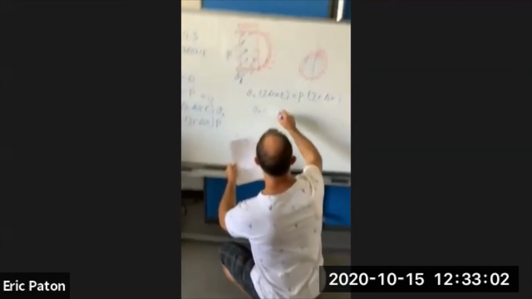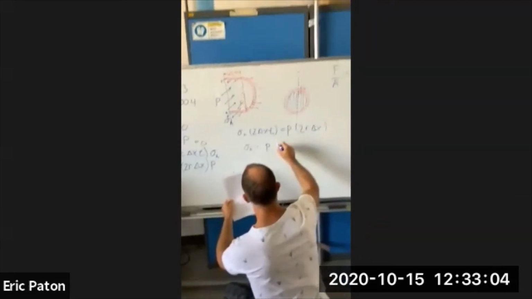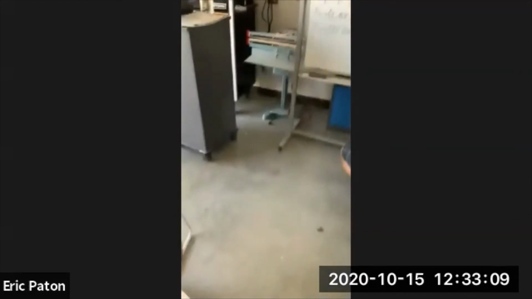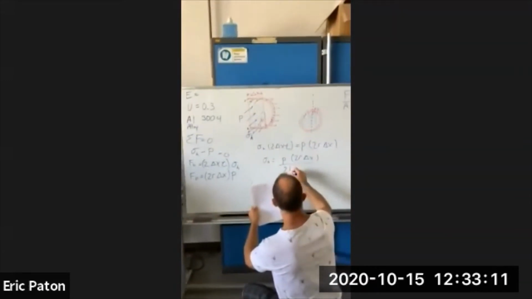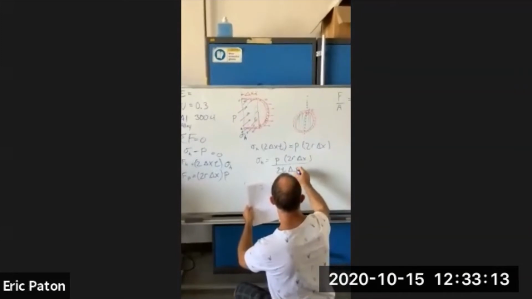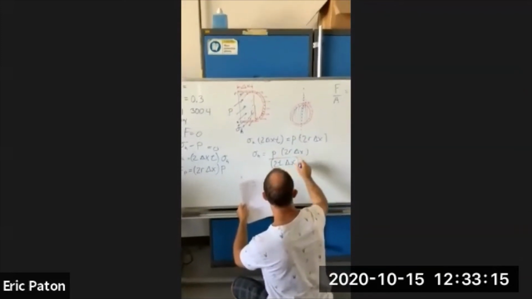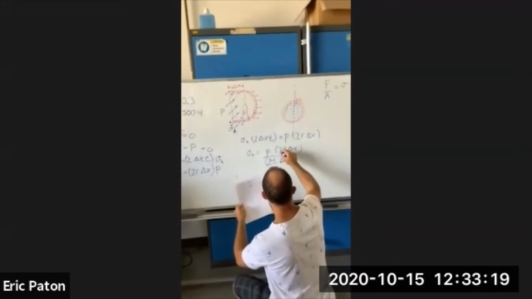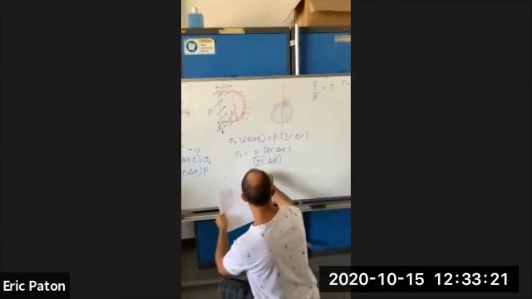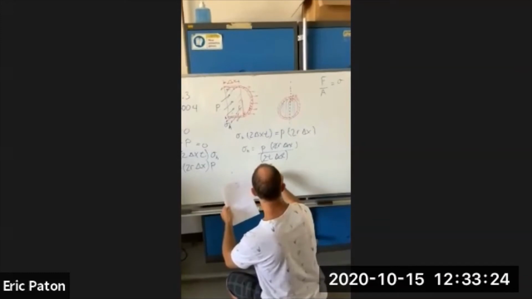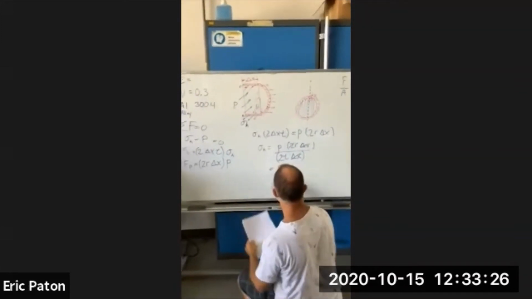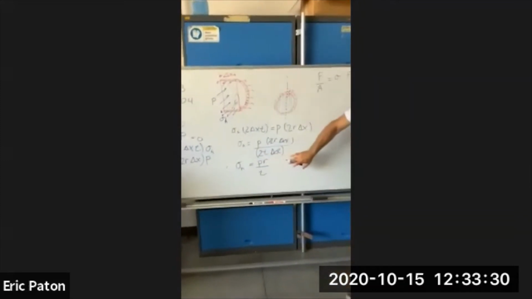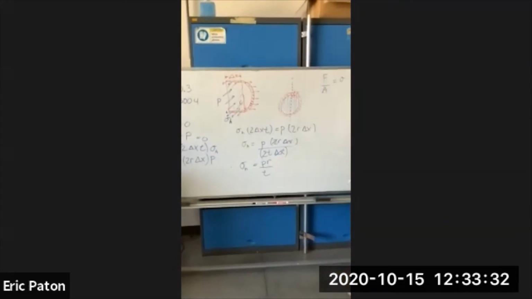So that means it's going to be pressure times 2R delta X over 2T delta X. So the delta X's cancel out, the 2's cancel out, and we're left with PR over T. So the stress in the hoop is pressure times the radius over T.